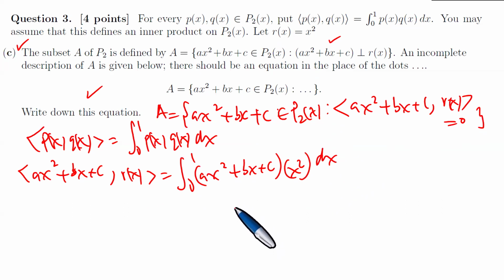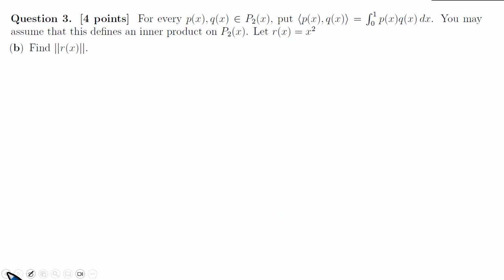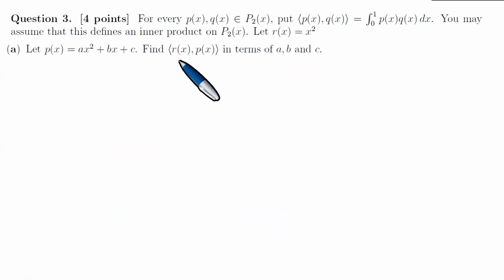This is very important. We're already saying this result is 0. We've already got something like this: P is the same, it's the same thing.